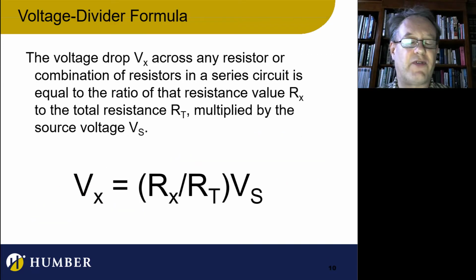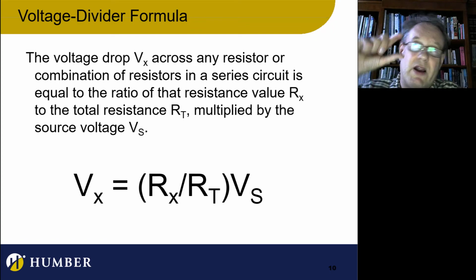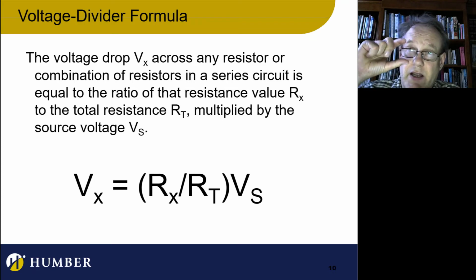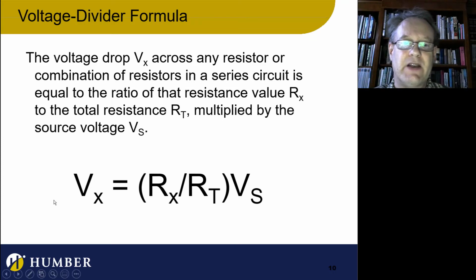So essentially, here's the formula. Really basic formula. It's really cool. It's the voltage source multiplied by some ratio, and that ratio is ultimately the percentage of that particular resistor you're looking at compared to the total resistance. So in this case, it's Vx and Rx. You have to put something in there.